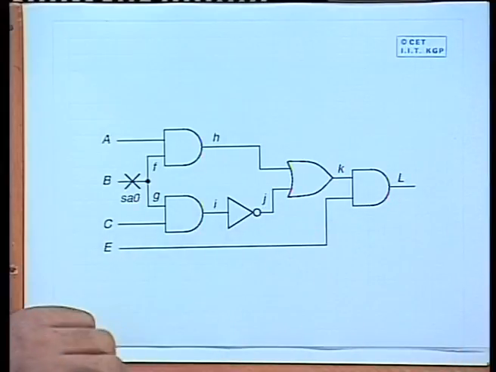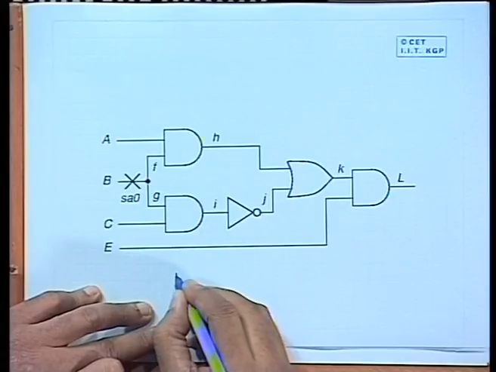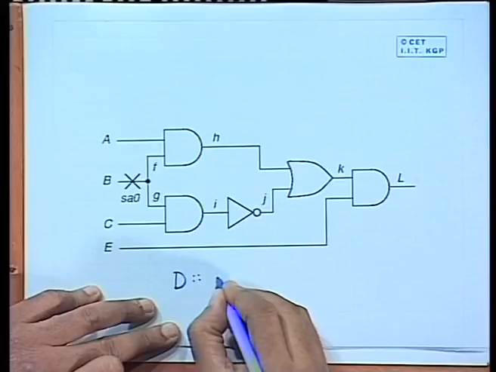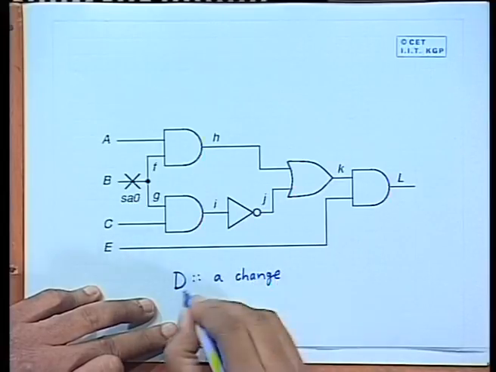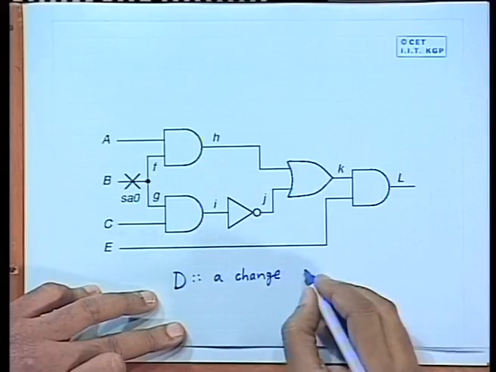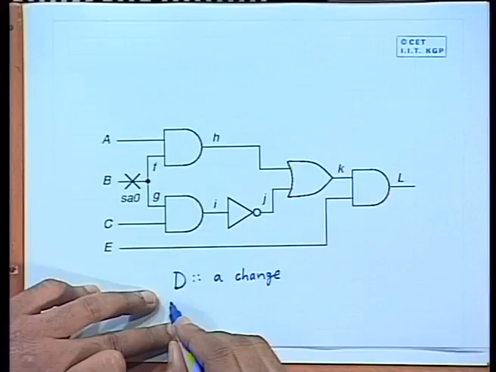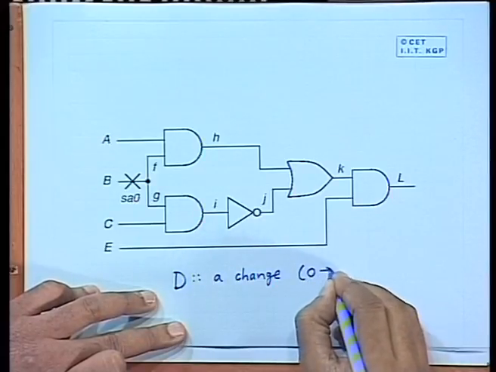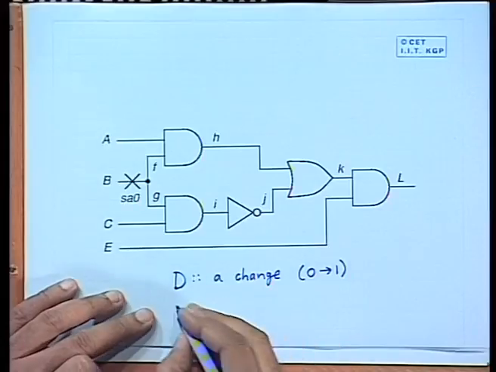Okay. So, notationally we denote the symbol D as a change. It does not matter whether it is 0 to 1 or 1 to 0, D indicates some change. As a matter of convention, let us say any 0 to 1 transition on a line can be denoted by D. D is a change.